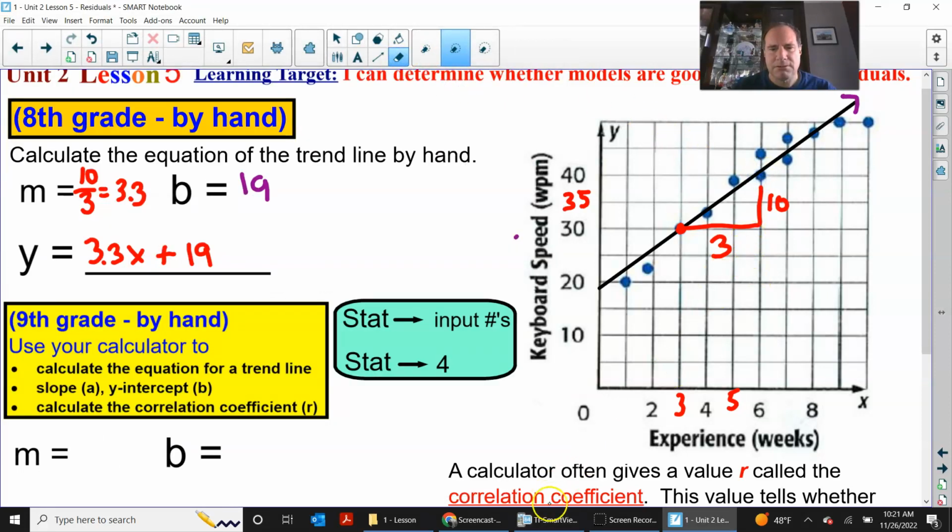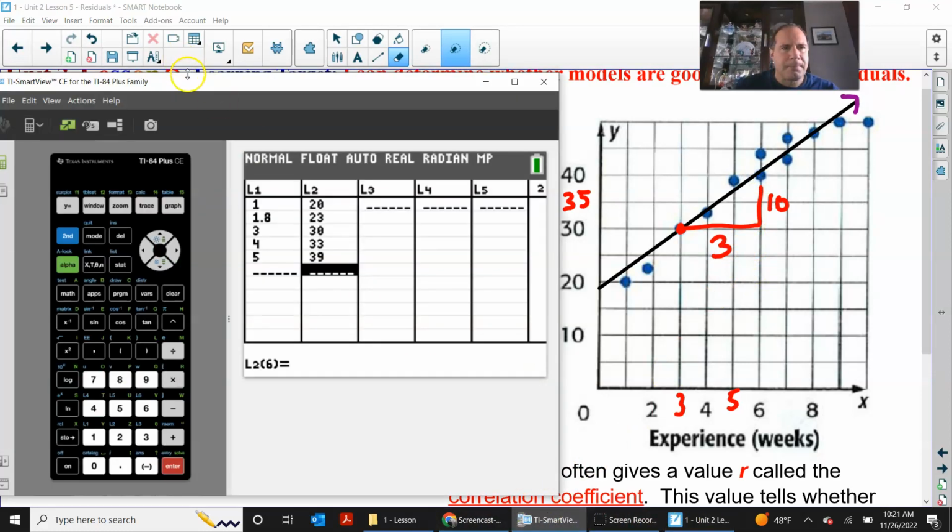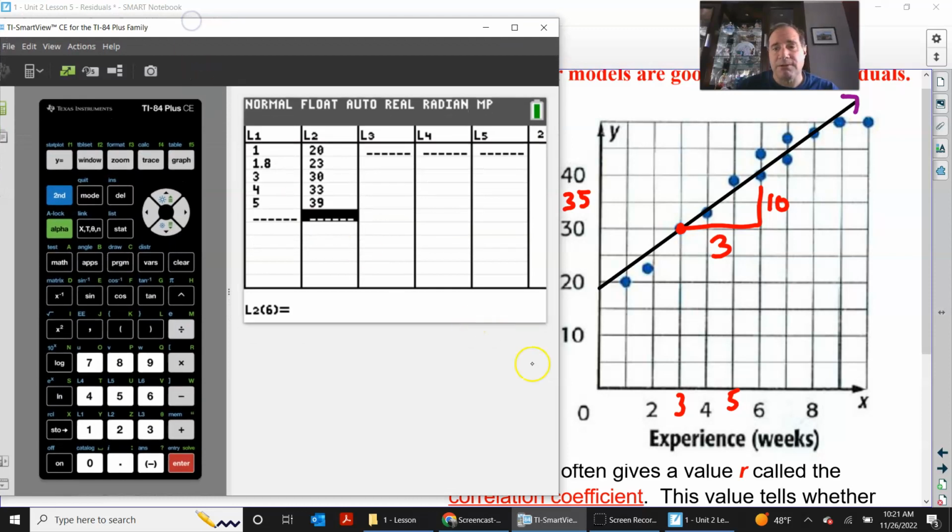Yes, it was. I just wanted to see if that was a point. So 6, 40. Enter. Then over, 40. And then 6 again, because we have 6, 44, I would say.